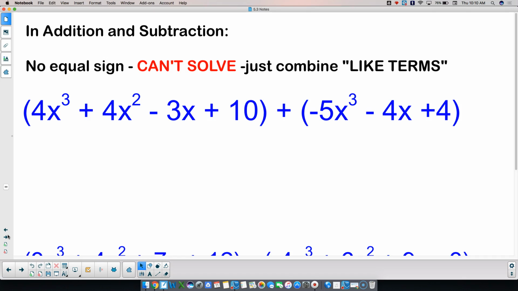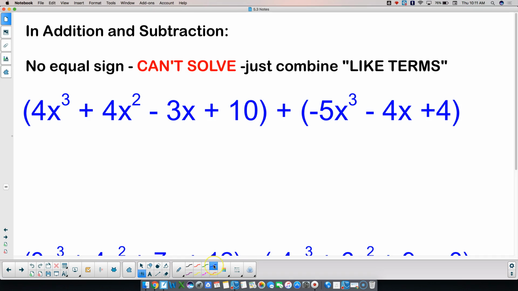In this first one, because we're adding, the parentheses don't matter. When we're adding, they're just a separation of terms.